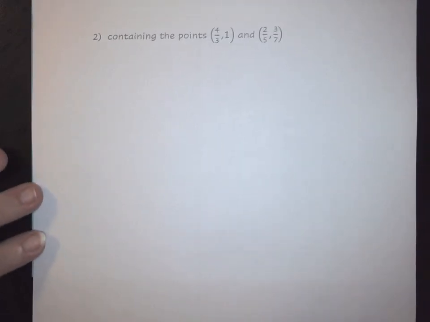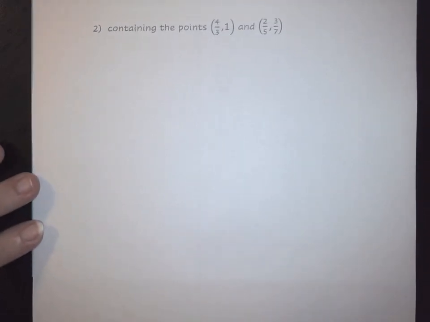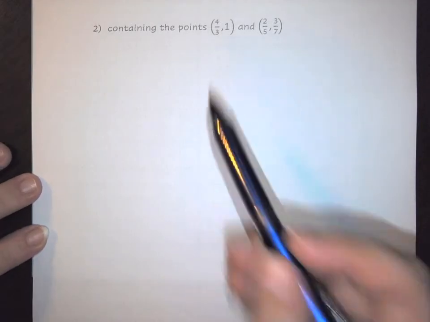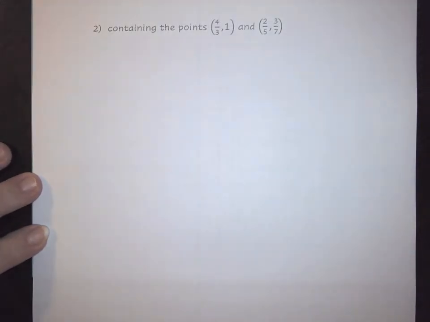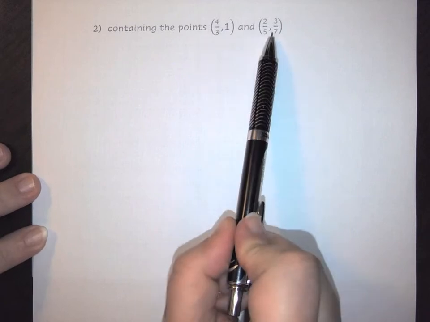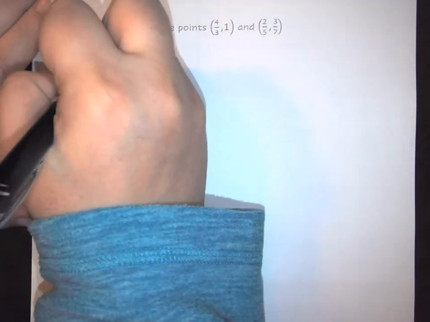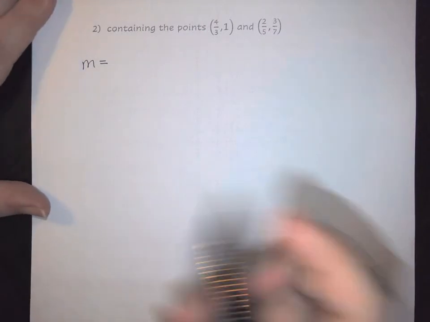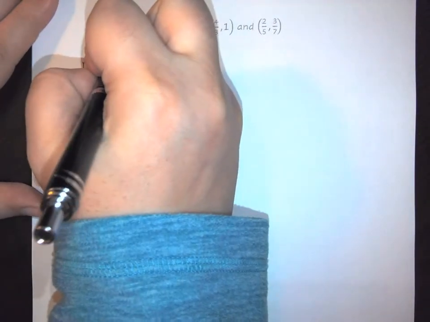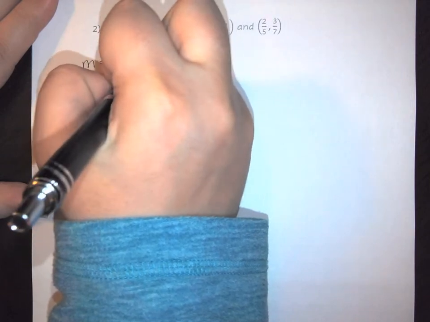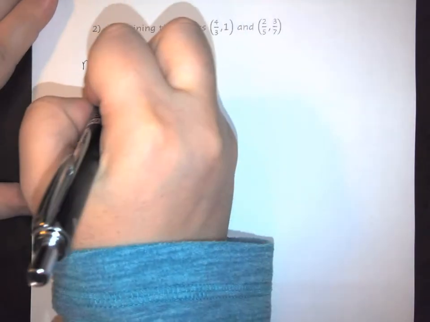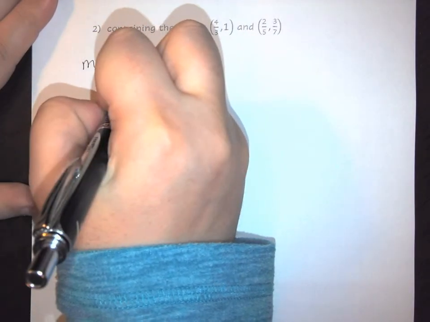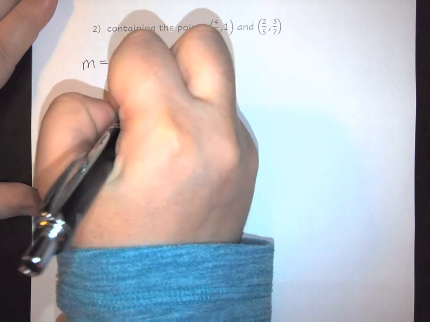Now the second example we have is done in pure fractions. So here we're going to do the exact same thing that we did, only this time we're working with fractions. So again, the first thing you need to do is find your slope, and that's change in y over change in x. So this time we're going to go 1 minus 3/7 over 4/3 minus 2/5.